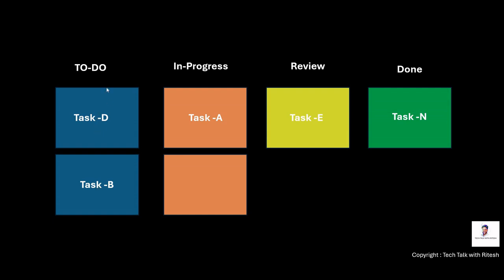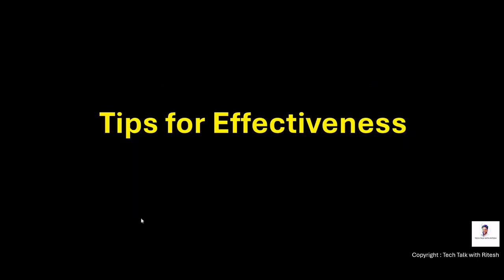If it is a physical board, he will just pick this sticky note from here and paste it here, right? And if it is a digital dashboard, then we have workflows available. We just change the status from to do to in progress, or any of the applicable ones. So this is how we manage the Kanban board using the various types of cards.